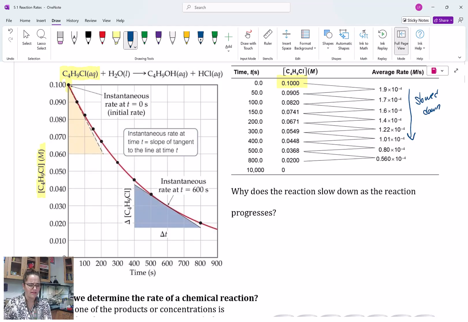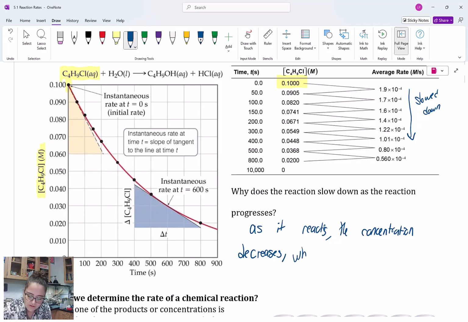Now, why is that the case? Well, if you're reacting some of it, you're going to have less there. So as it reacts, the concentration decreases, which slows the reaction.